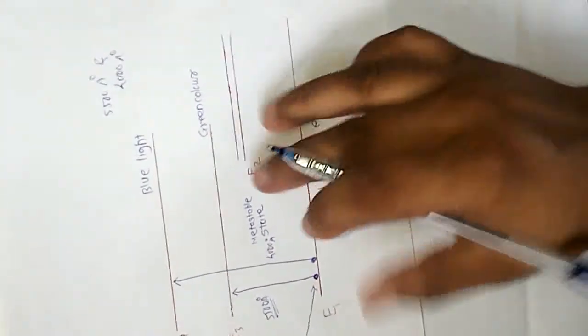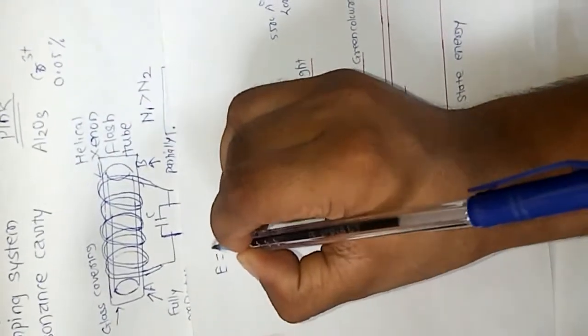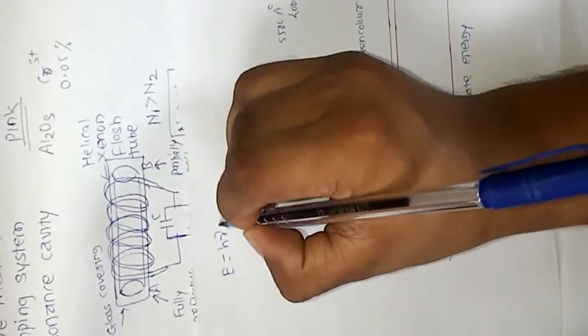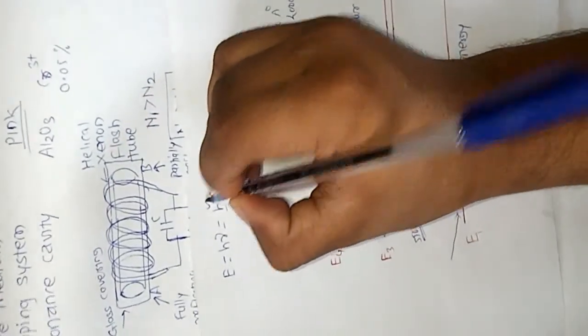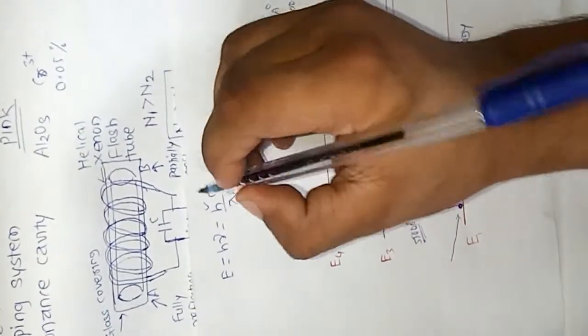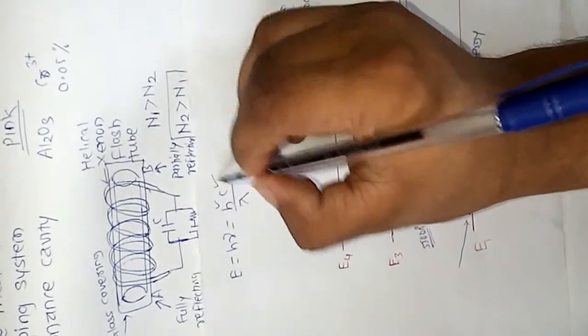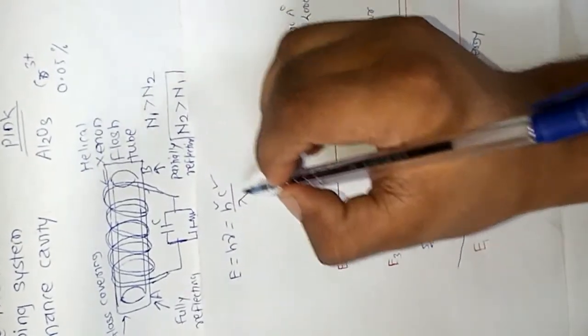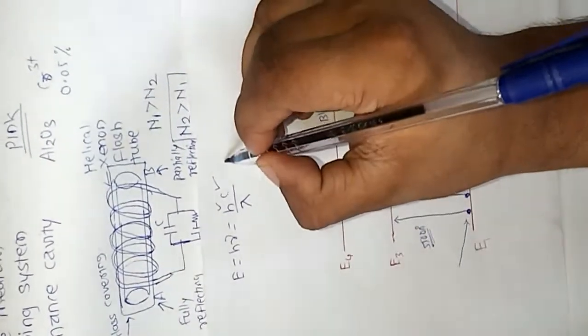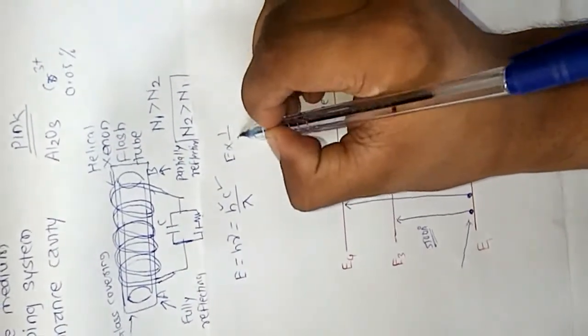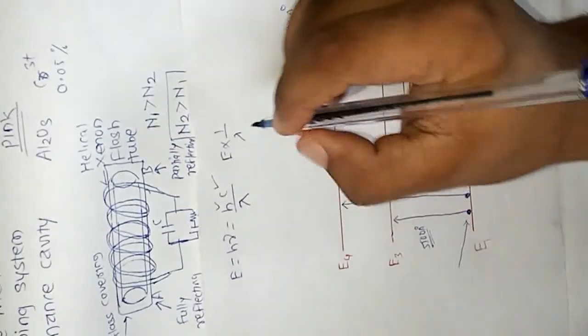The reason behind this is, we know a formula, E is equal to h nu, and nu is equal to c by lambda. Here h is Planck's constant, c is the velocity of light. These two terms are constants, and this is lambda, which is the wavelength. So E is inversely proportional to lambda.